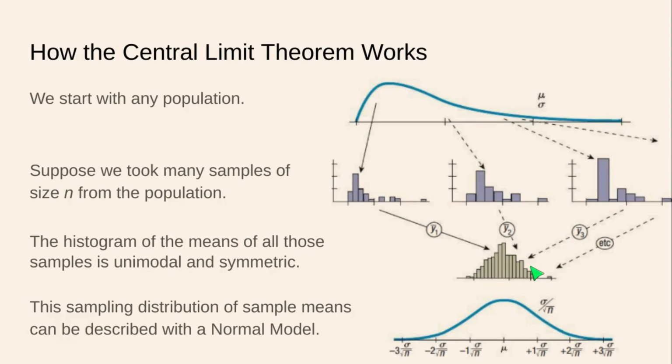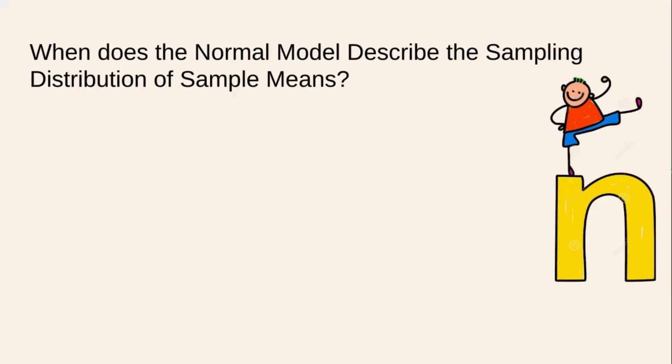That normal model is centered at the true population mean, and that's the mean of the population up here, and has a standard deviation of the population standard deviation up here divided by the square root of n. All right, so the random variable that is the sample mean has the same mean as the population, but a different standard deviation, and notably, a smaller standard deviation.